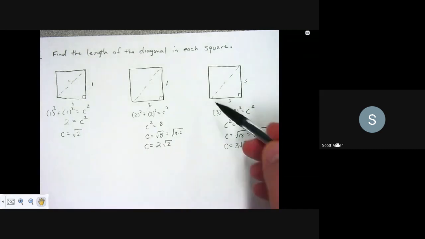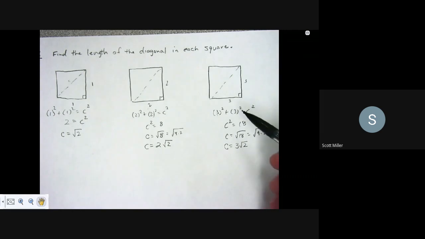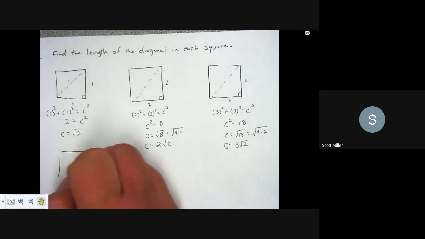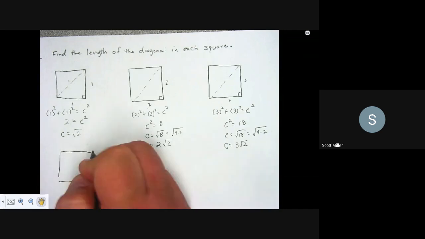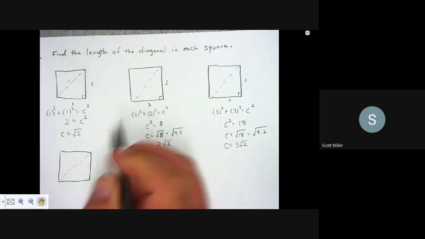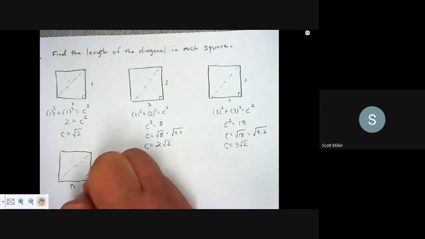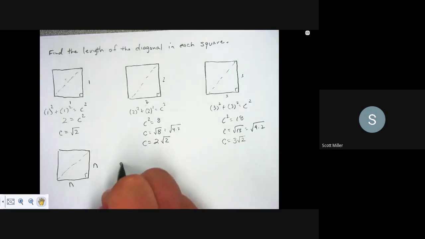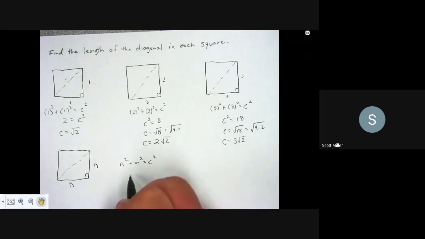So what this tells me is the diagonal of a square of any size can be easily found for all lengths by following the Pythagorean theorem, n squared plus n squared equals c squared. And there I have 2 of those, so c squared is 2 n squared, and that's where the 2 comes from, because you have 2 of the same thing.